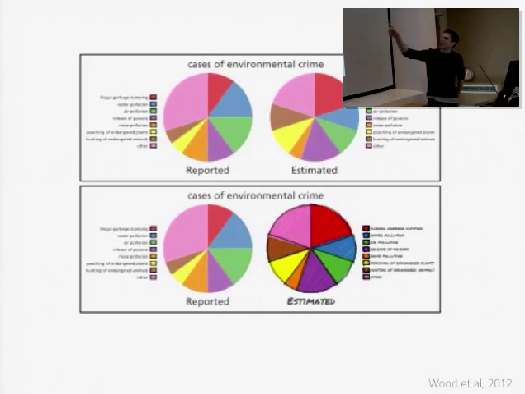Here we've got a couple of pie charts showing reported and estimated cases of environmental crime, and the estimated data are rendered with this sketchy finish to suggest that there's some uncertainty associated with them. That's an interesting technique, but I think you need to be careful when using sketchy rendering in particular to encode uncertainty, because perhaps it suggests something else. I'd say that this stands out a lot more than the reported one on the left. It's very informal as well, so perhaps it's suitable for particular contexts.